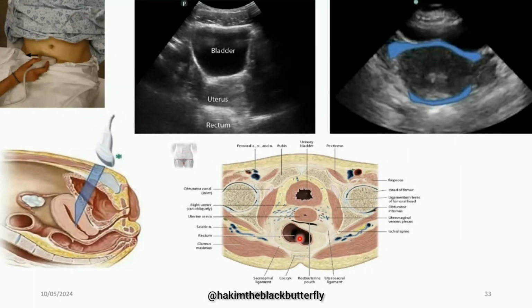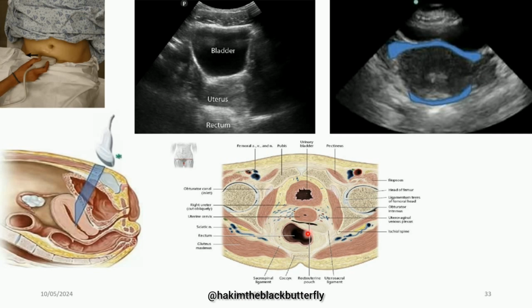Okay. And of course this image is outlining and showing you that normally between the urinary bladder and the uterus there is some small potential space. That space there, we've called it the utero-vesical pouch.